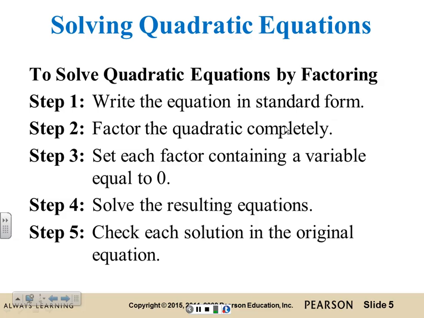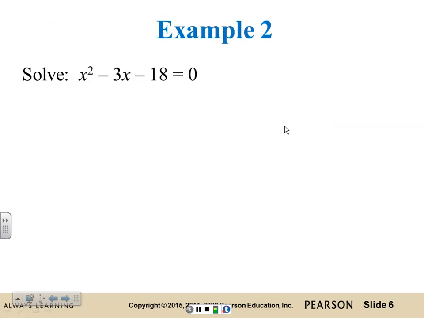You're going to set each factor containing a variable equal to 0. That's important. Take each factor that contains a variable and set it equal to 0. If it doesn't contain a variable, just throw it out. You don't need it. Then you're going to solve the resulting equations and then check each solution and make sure you got it right. Alright, so here we go.